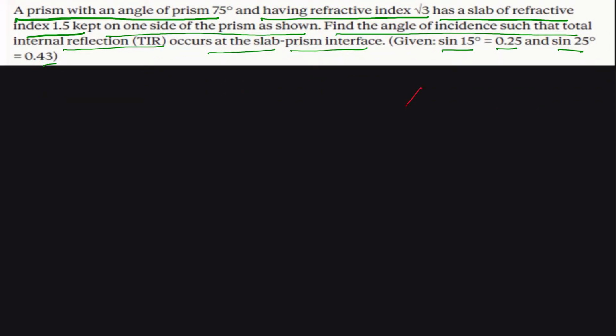So we have a prism, and to one side this is having a slab connected something like this, and we are having an incident light, and which will be traveling something like this, and here it is said it should be a total internal reflection.